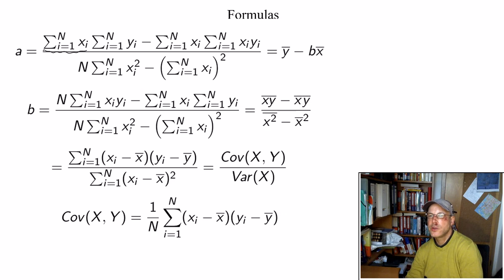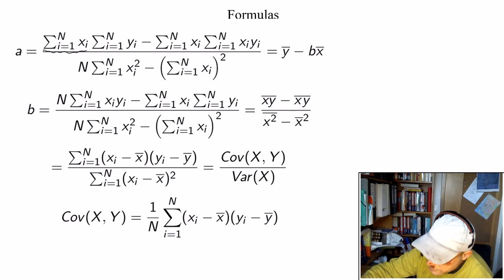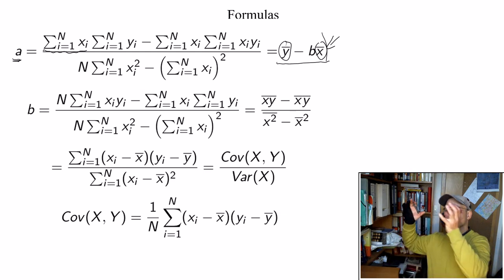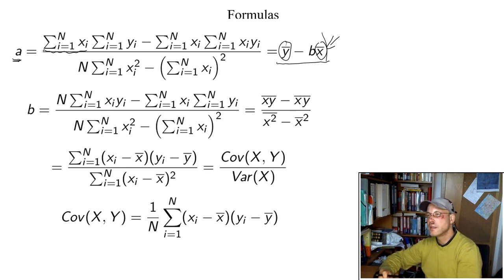And then it can be shown that also our a has a direct dependence to the mean of y and the mean of x, and that in general the mean of both variables x and y has to lie on our regression line.